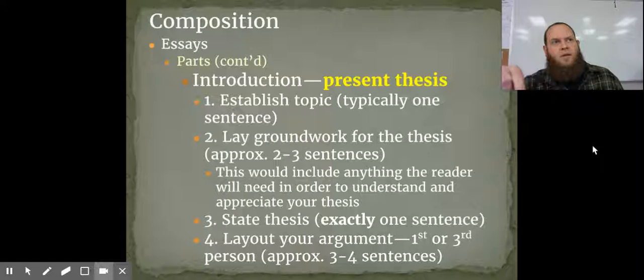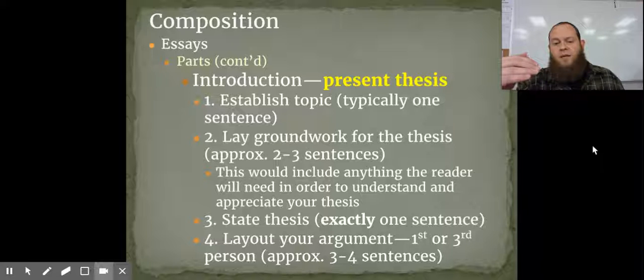Now, I mentioned a second ago having abridged versions of the introduction. If you were writing a 26 line essay, or maybe even an essay from the hip for the SAT, what I would suggest is establishing the topic, and maybe giving a sentence or two of background information.